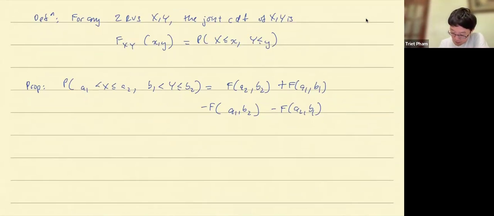So the reason is the following. When you have a joint distribution, especially with two random variables, it's helpful to draw a graph to demonstrate.